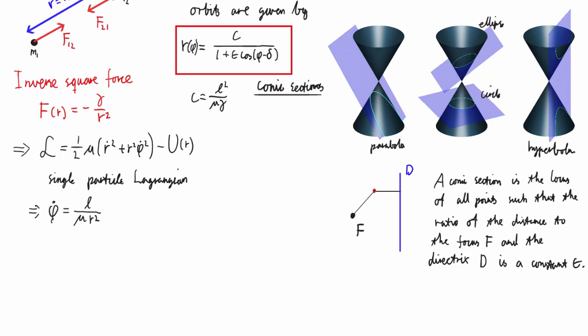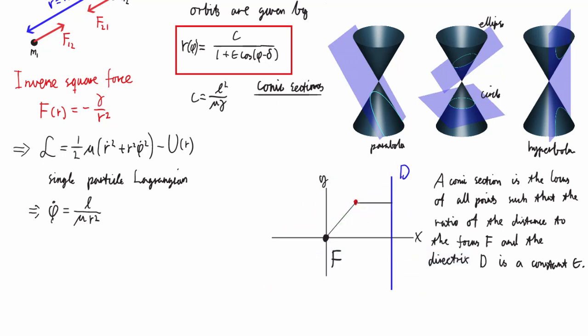So to see how this would work, we can get the mathematical formula from that. Let's put the focus here at the origin of a coordinate system. So this is x and that's y. It's a little small. Let me blow this up.